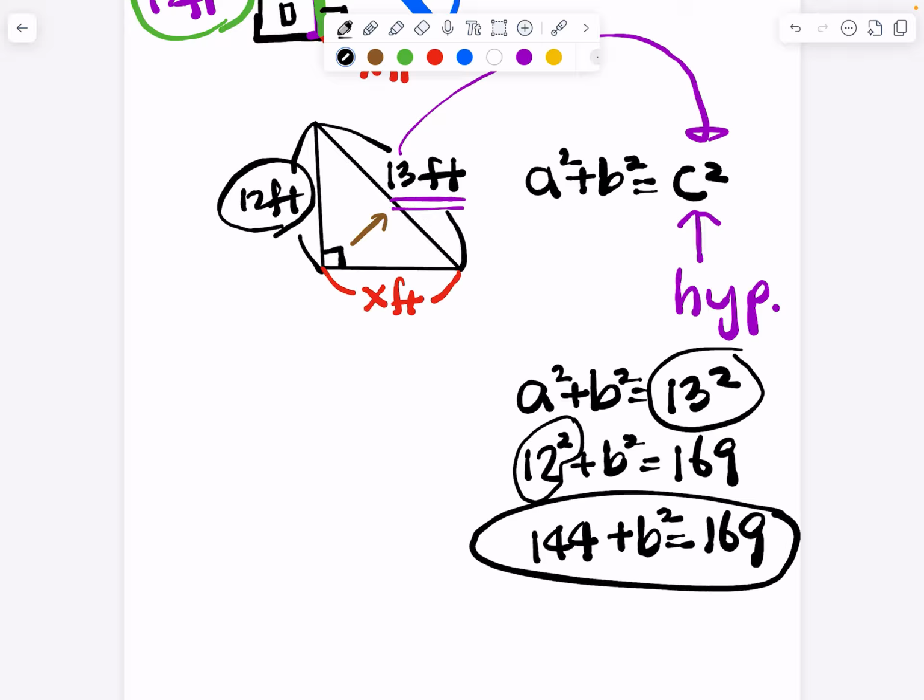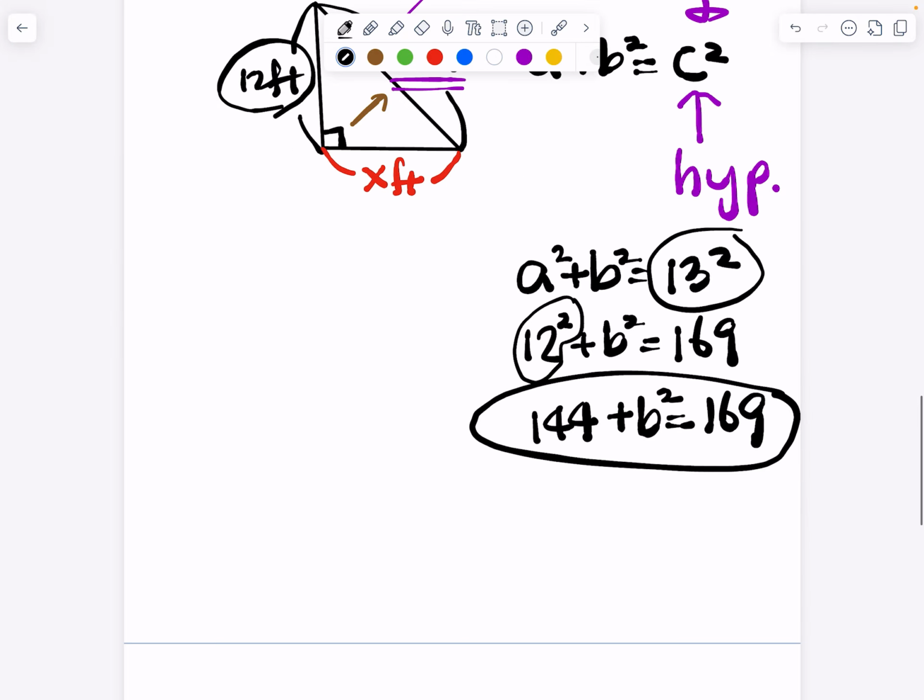Now you're solving this equation. Again, when you're solving an equation, the ultimate goal is to isolate the variable. Find the value of the variable that satisfies the equation we plugged in. Now, b squared has this plus 144 next to it on the same side.